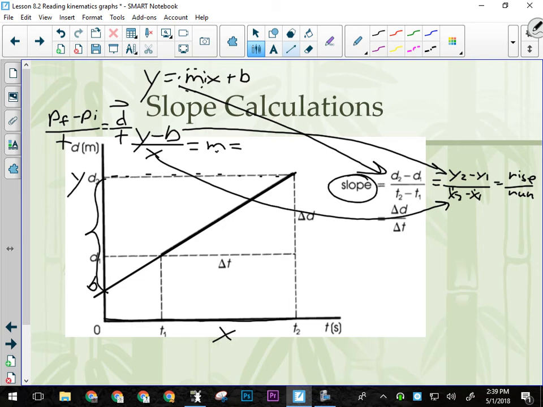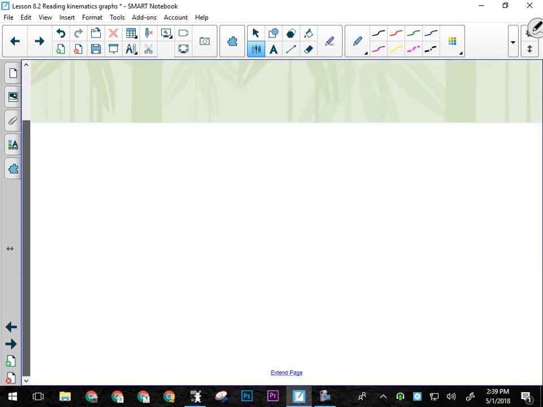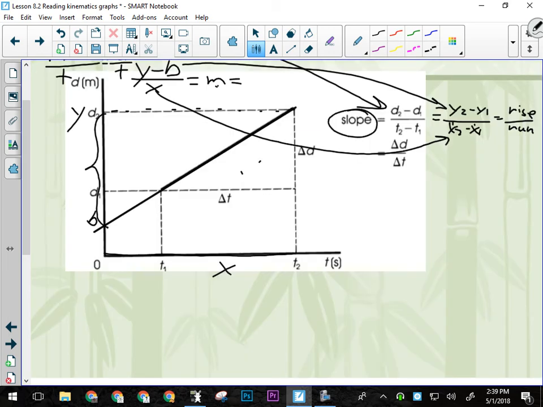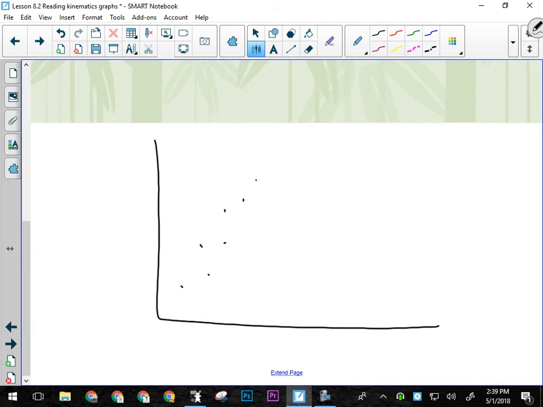Again, that's something that you'll be asked to do tomorrow on your lab. I'm going to ask you to calculate the velocities of all of the carts that we run down the hallway. We're going to build position versus time graphs of their data, and their data is going to look something like this. So we'll have probably one car that'll go something like this, and then we might have another car that's slower, so its points would look like that.